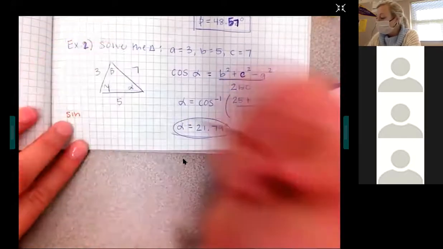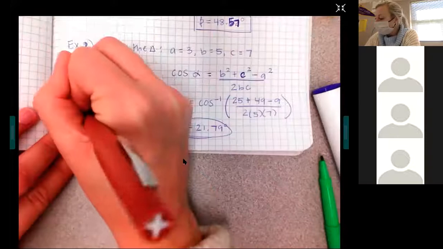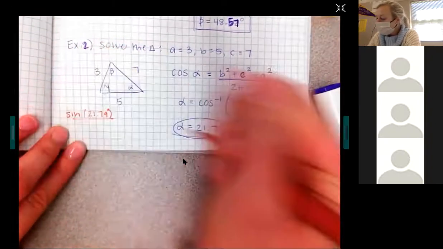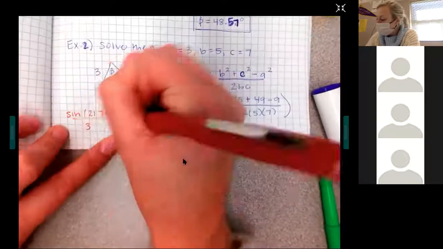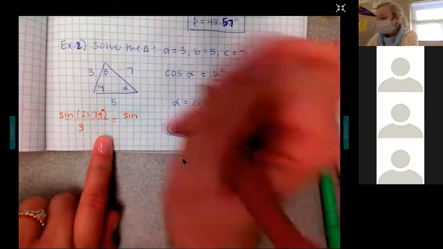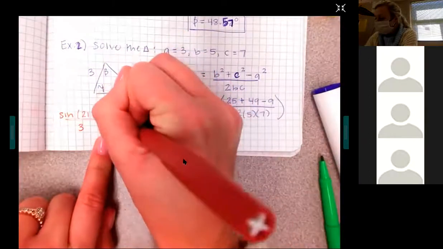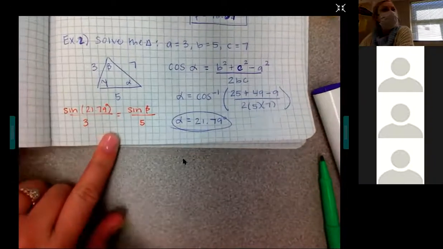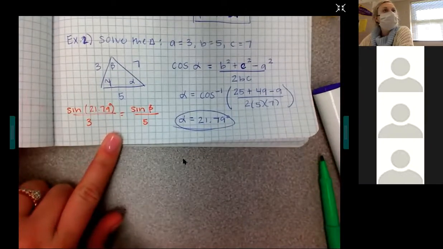That's fine. So sine of what we just got for alpha over side A is 3 equals, what do y'all want me to find, beta or gamma? Beta, you just like to go in alphabetical order. And then cross multiply.